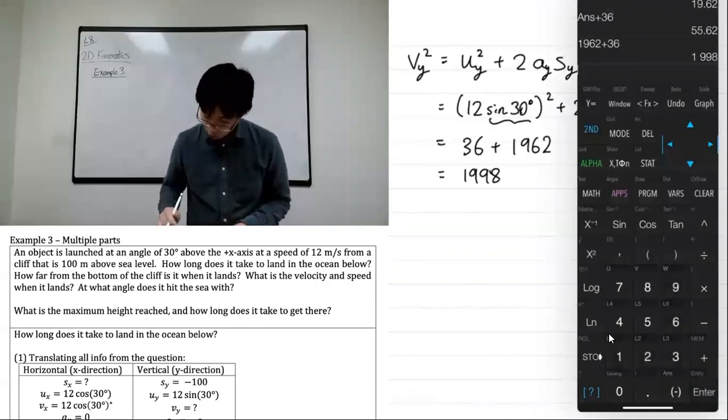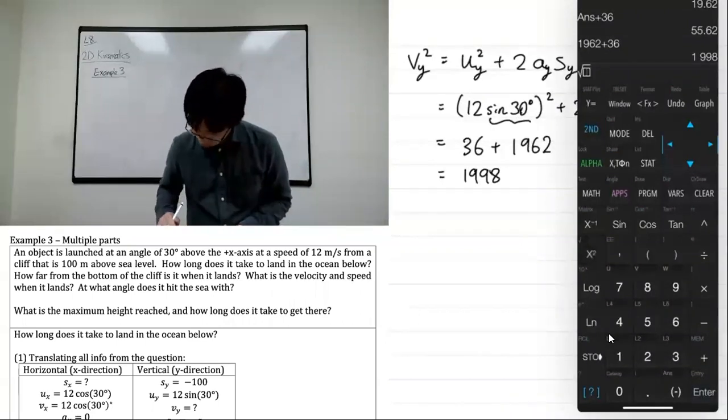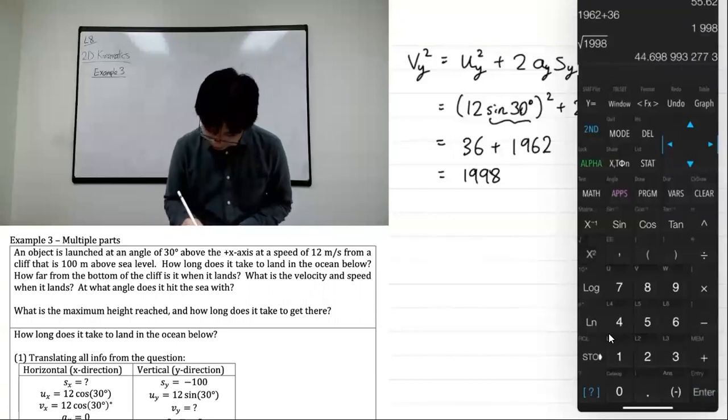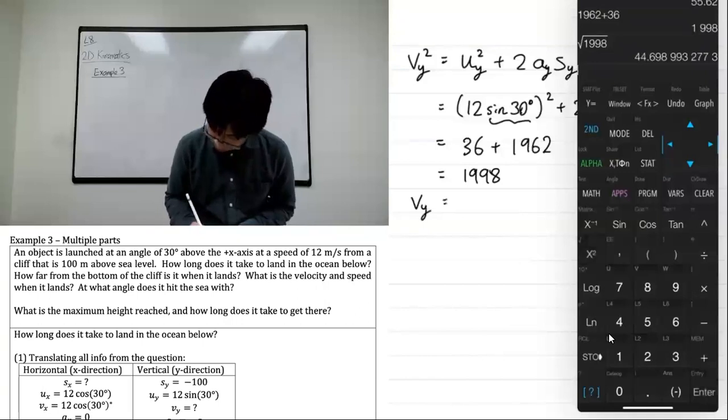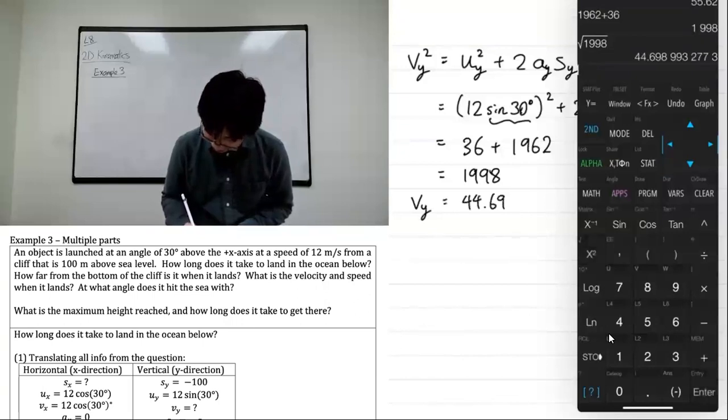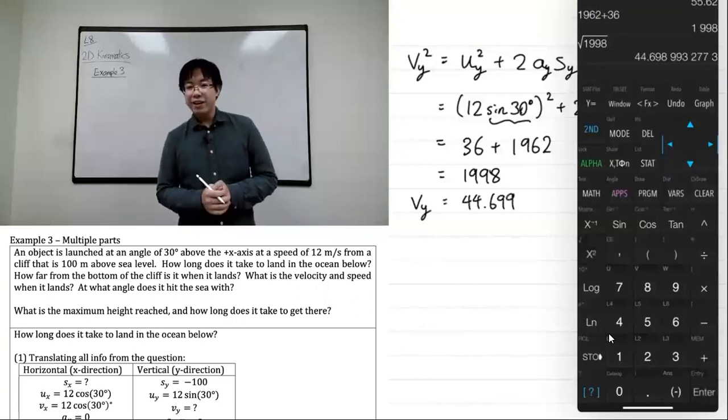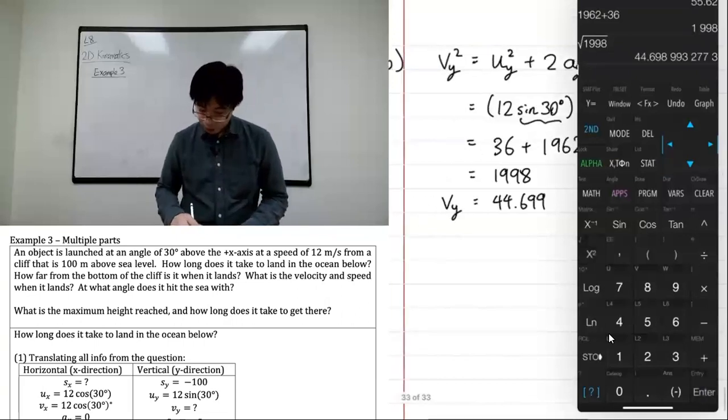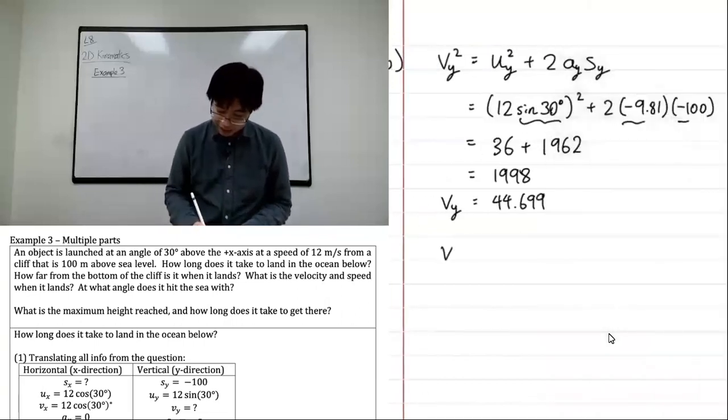No, I still need to square root that. So let's square root my answer. And I get Vy equals 44.698. Let's go with 699. And what the question asks is the velocity, so let's give both Vx and Vy.